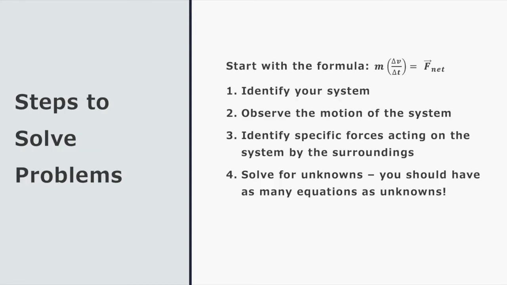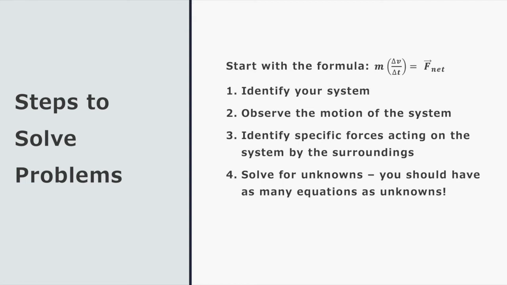So some helpful steps to solve these problems that I was given were, he said to initially start with the formula F net is equal to mass times change in v over change in t. And then first you identify your system, and then you observe the motion of said system.